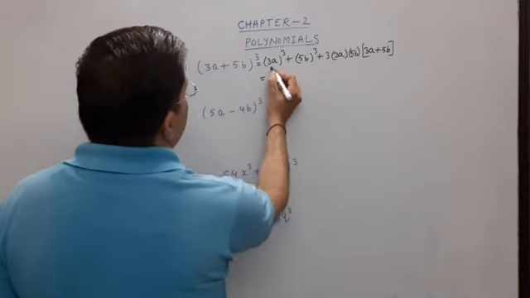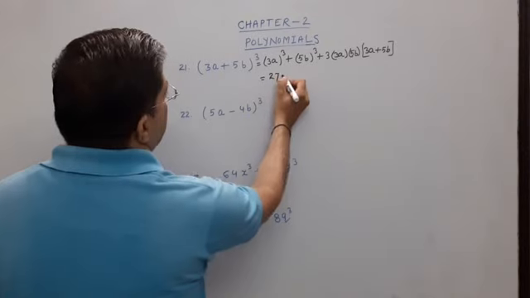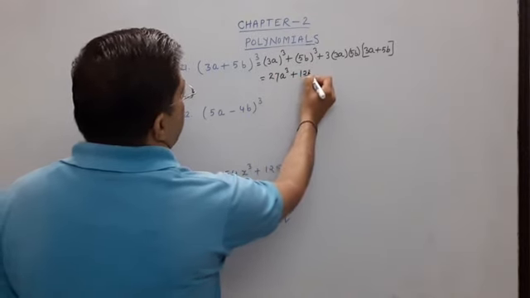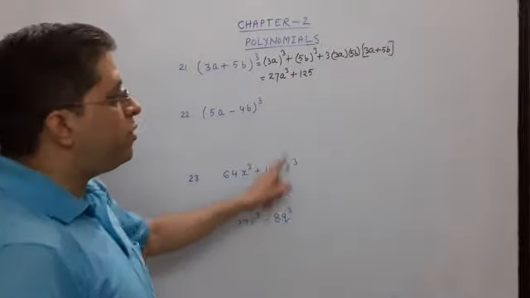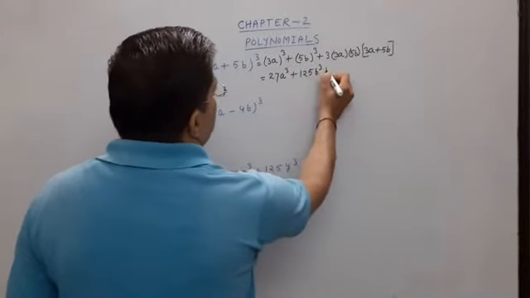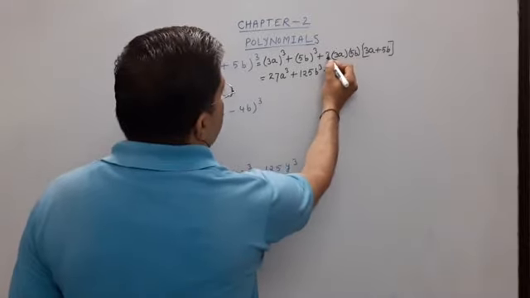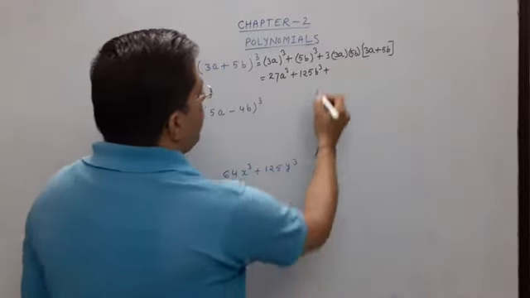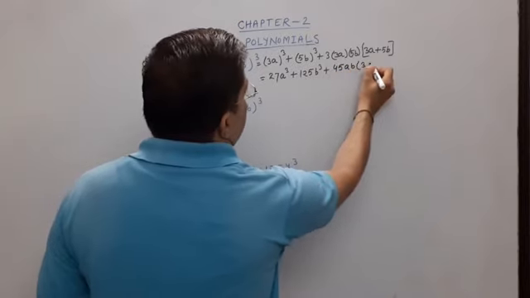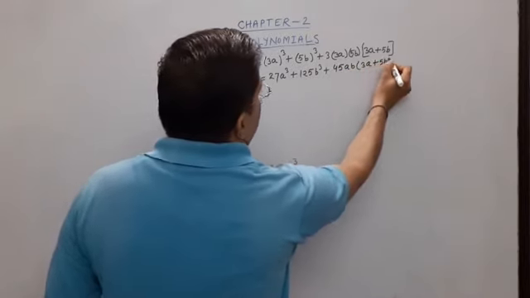Now check. 3 threes are 9, 9 threes are 27a cube. 5 fives are 25, 25 fives are 125b cube. What will come? 15, 15 threes are 45ab in bracket (3a plus 5b). Now what to do?